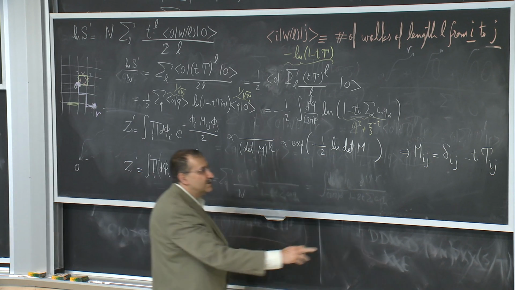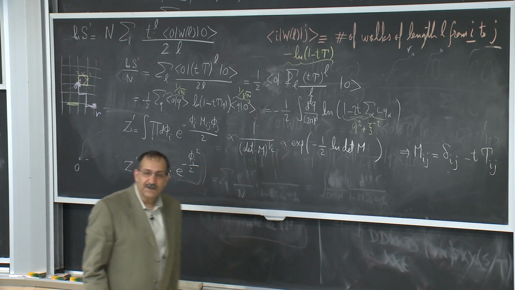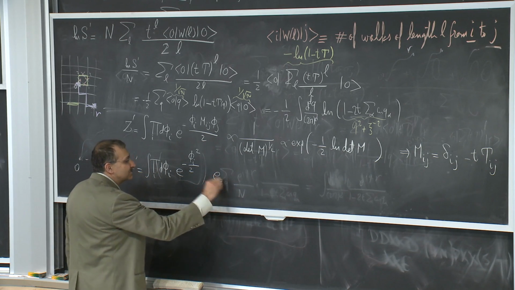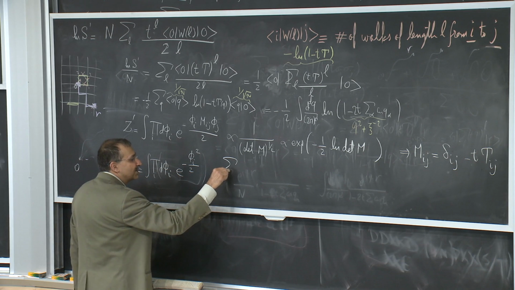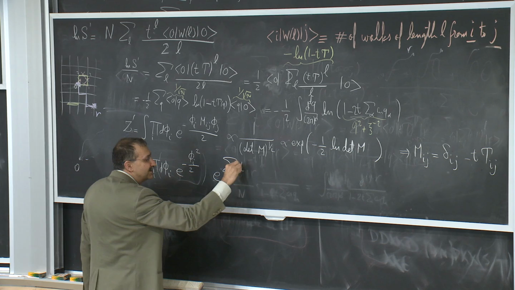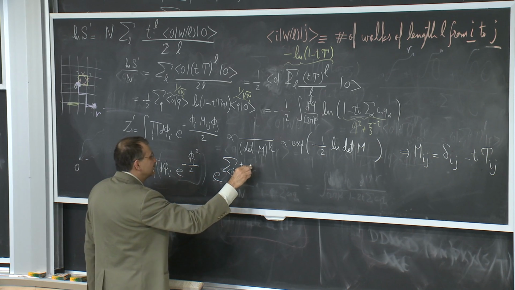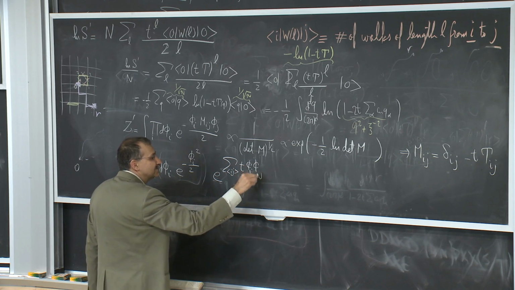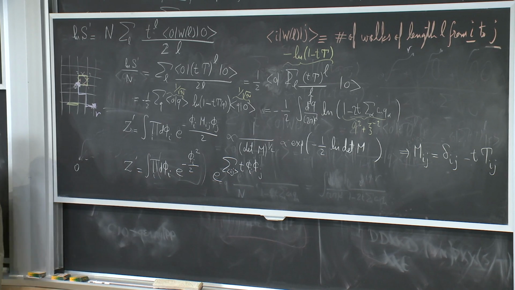And then from here, once it's exponentiated, I will get a factor of e to the sum over ij of t phi_i phi_j. Okay?